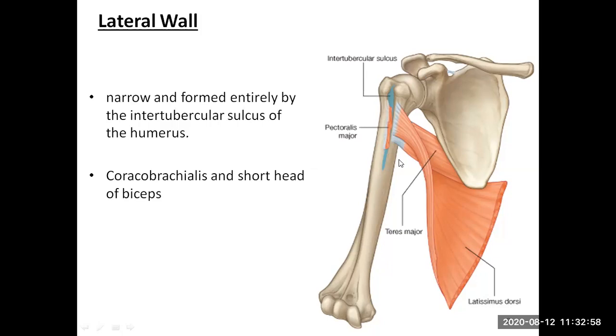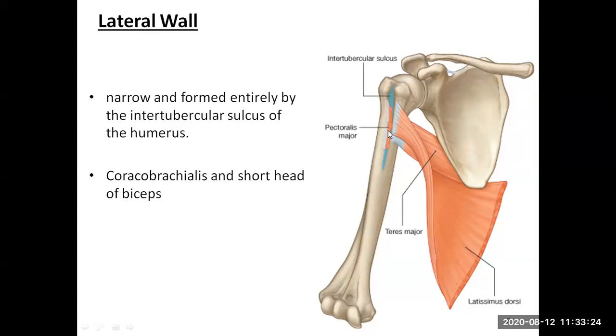The lateral wall is very narrow because of the posterior wall and the anterior wall. Just now we studied the anterior wall: pectoralis major, pectoralis minor, subclavius, clavipectoral fascia. They form the anterior wall of the axilla.